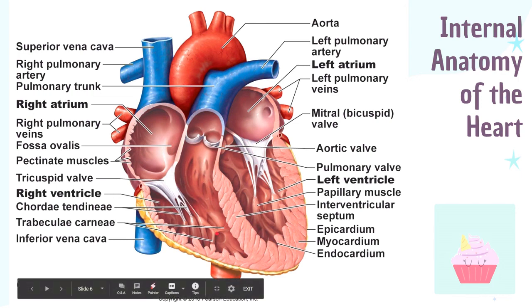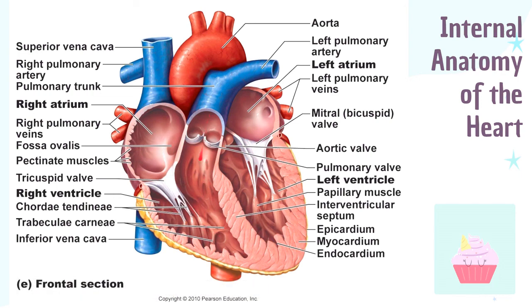Then the right ventricle will pump the blood passing through the pulmonary valve. We will talk more about valves later on. So this is your pulmonary valve, and then the blood will go through your left and right pulmonary artery.